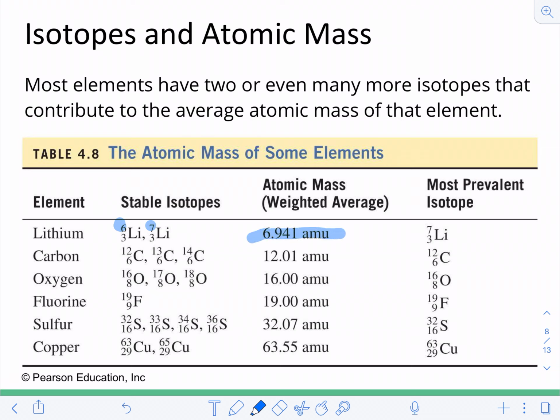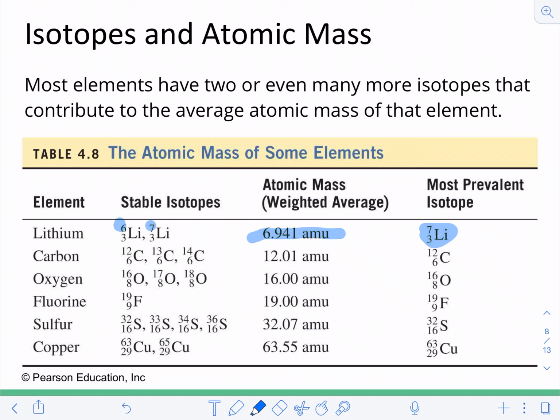Well, if you take a look, that's closer to 7 than it is to 6, right? 6.941, that's pretty close to 7. So the most prevalent isotope is lithium-7. We could have predicted that just based off of the number that we see on the periodic table, because it's closer to one of the isotopes versus the other one. So lithium-7 must be really, really prevalent, must have a high percent abundance.